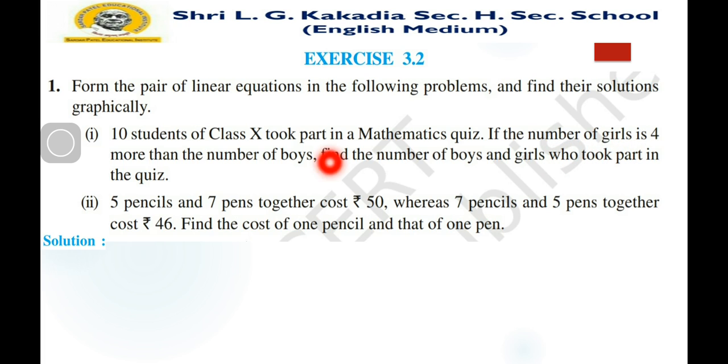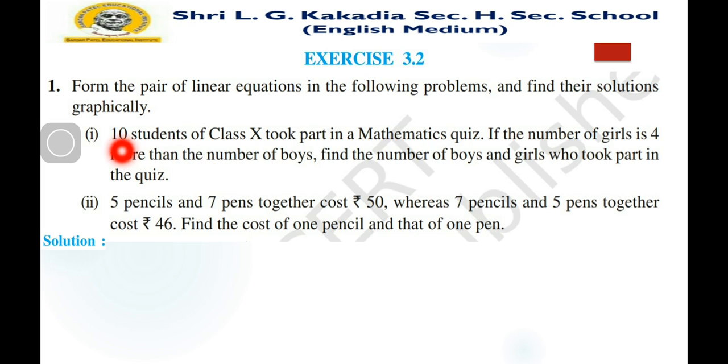Number of girls is 4 more than boys, means if the number of girls is x and the number of boys is y, then x is more than y, so what will we do? We will add 4, that is, x is equal to y plus 4. So we get here the first equation, x is equal to y plus 4, from the problem. Read ahead: find the number of boys and girls who took part in this quiz.